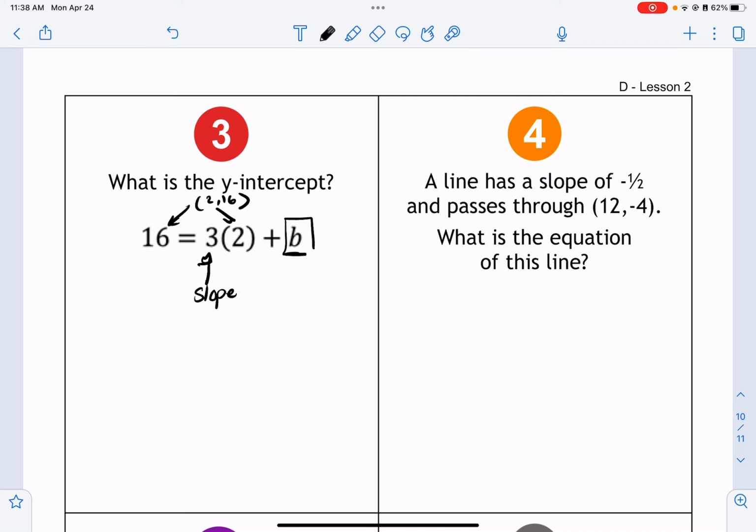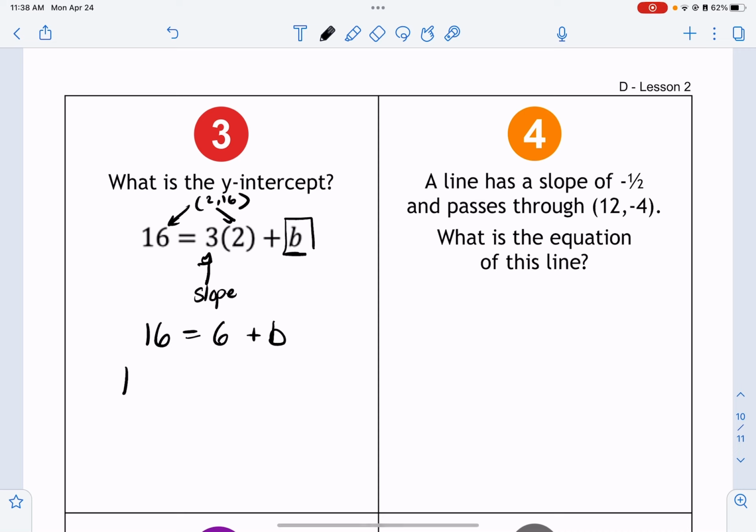All right. So if 16 equals 3 times 2 plus b, it's important that we don't get too caught up in all these variables being added and multiplied, but instead we just look at this as an equation to solve, right? 3 times 2 is 6, right? We can use BEDMAS on that. And then we can use inverse operations to isolate b, right?